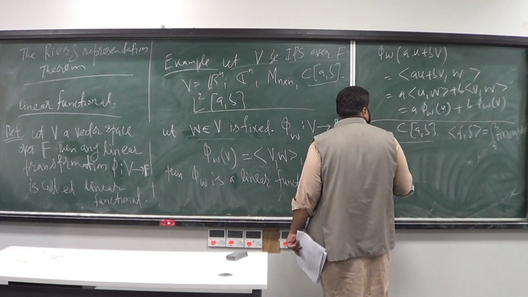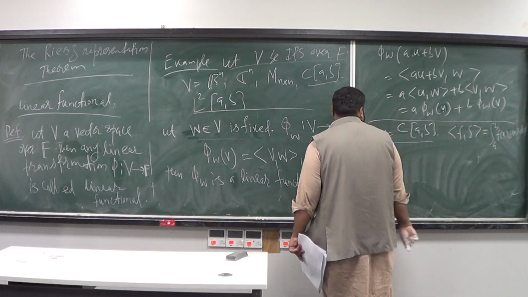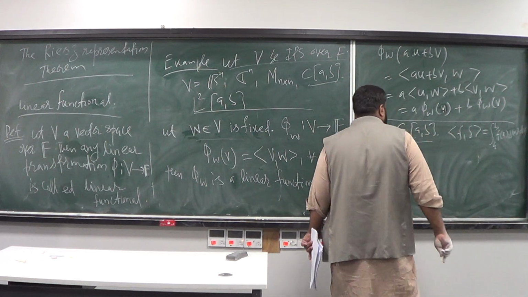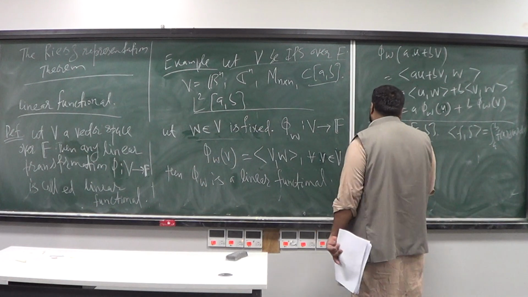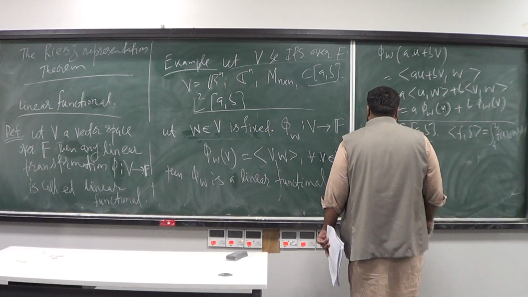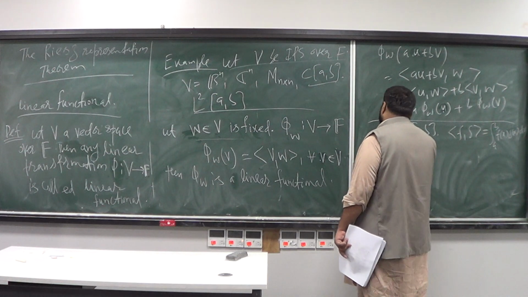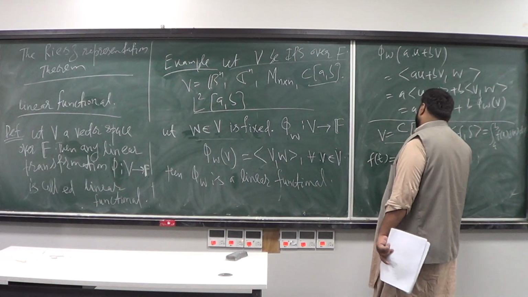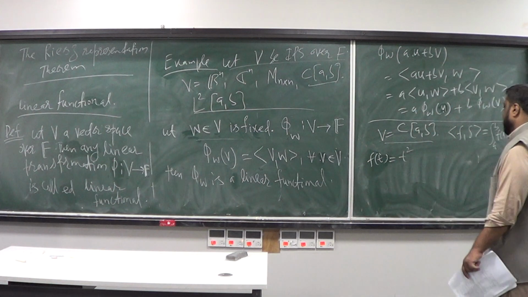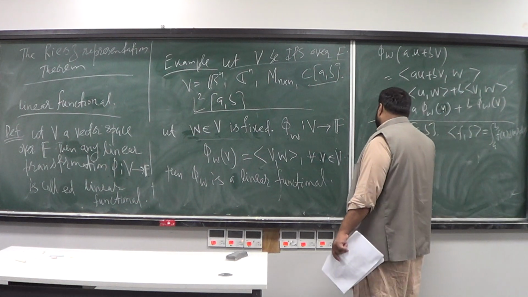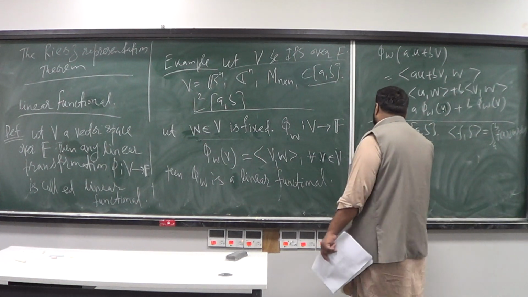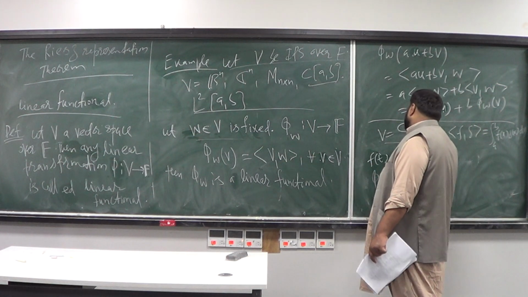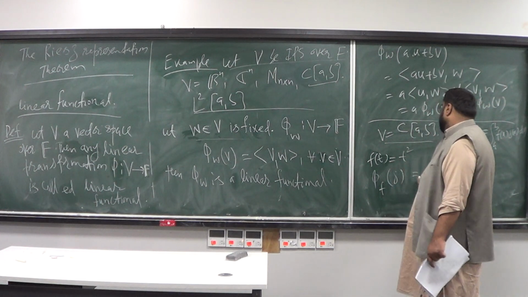And now I want to take, for example, a particular function. So, for example, I want to take f of t equal to, I don't know, take any function, say t, maybe t squared, something like that. Then an example of a linear functional corresponding to this function t squared, f operated onto some g, is going to be what?